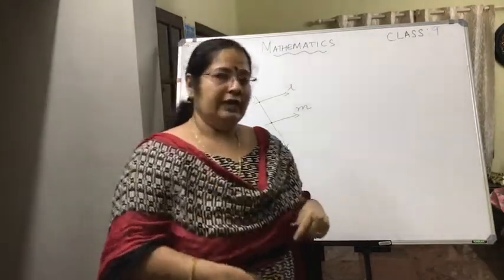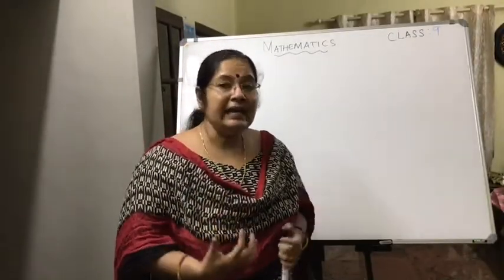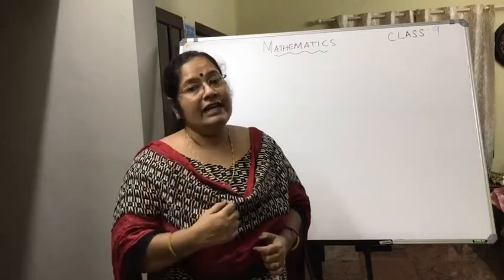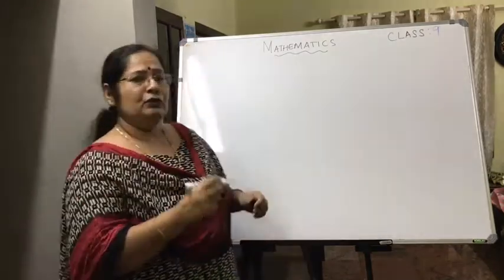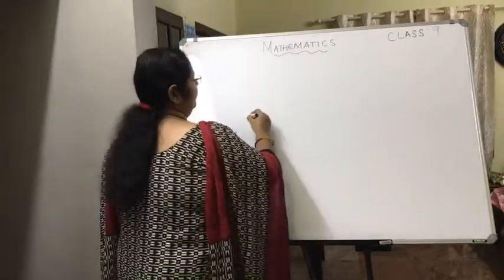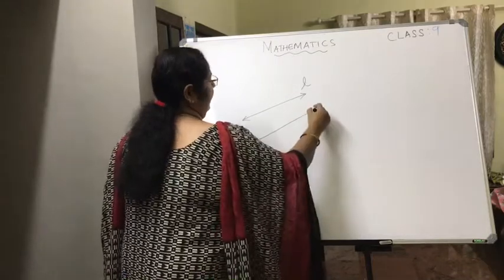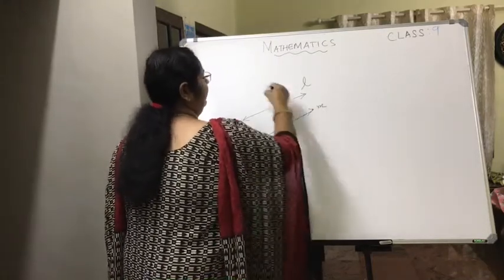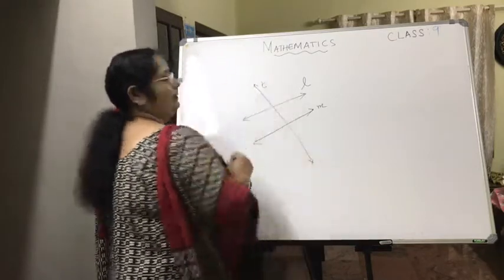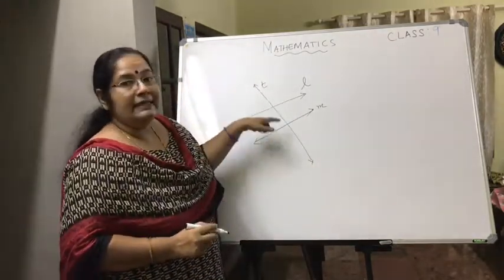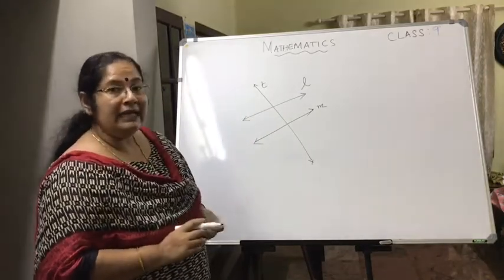Now before going into that, let us see how many angles are formed when a transversal intersects two lines. So you have two lines here, say the line L and the line M, intersected by the transversal T. Now let us see how many angles are formed.